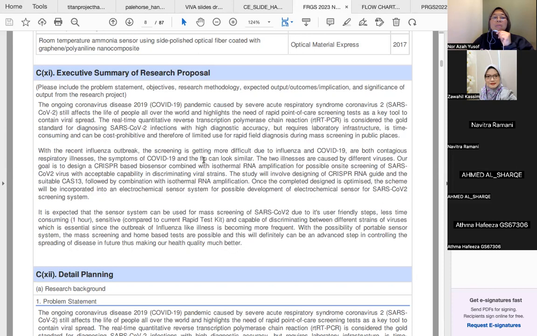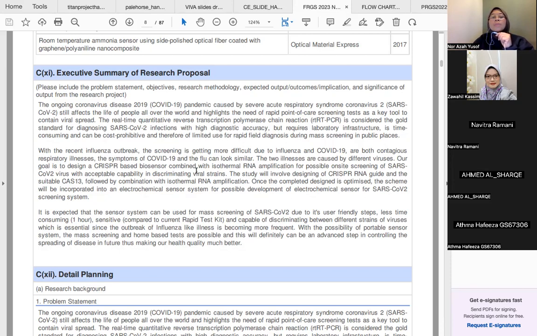And with this CRISPR and the isothermal amplification, it also enables me to discriminate viral strains, meaning whether you actually have influenza or COVID-19. Among the SARS coronaviruses there are quite a number of coronaviruses, and the one that attacked us was named SARS coronavirus 2.